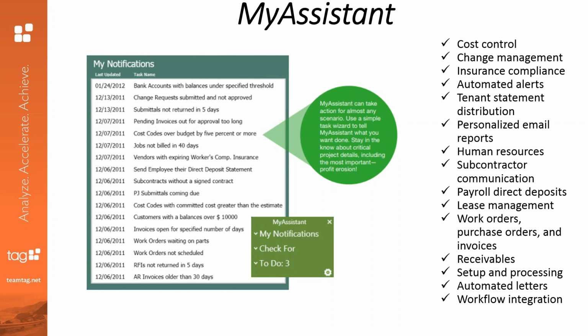And the tool that we typically recommend is called My Assistant, an integration software with Sage that literally is your automated assistant. And basically it creates emails for whoever you want, whether it be internal in your office or external, say your vendors or your customers, at some automated schedule that you decide when you set up the task.